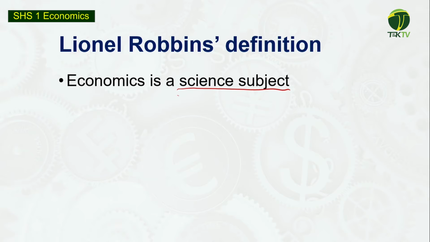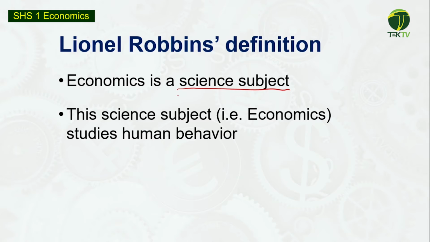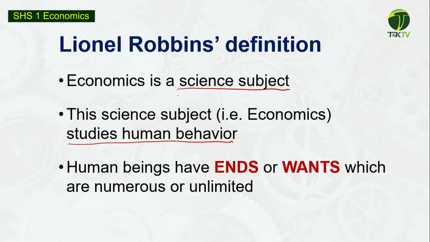And from the definition, he is also telling us that this science subject, which is economics, studies human behavior. We need to take a look at that, studies human behavior. Good. Thirdly, he pointed out that human beings have ends or wants. And these ends or wants are numerous or unlimited.